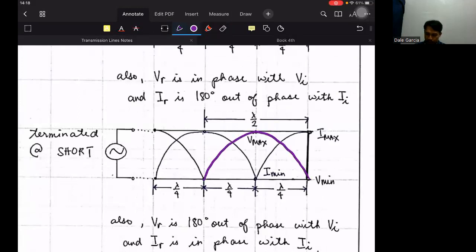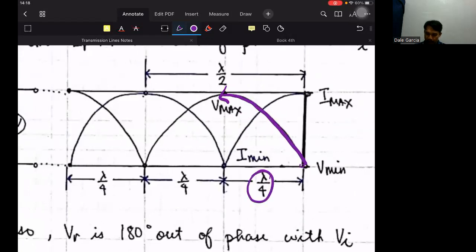Voltage is minimum. 1/4 wavelength away from the load, voltage is maximum. 1/2 wavelength away from the load, the cycle just repeats. If at the load voltage is minimum, 1/2 wavelength away, voltage is still minimum. And it continues.